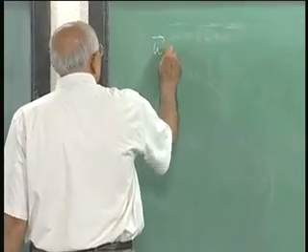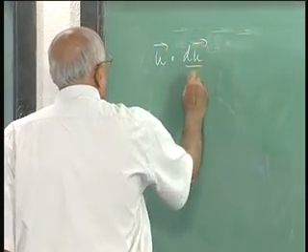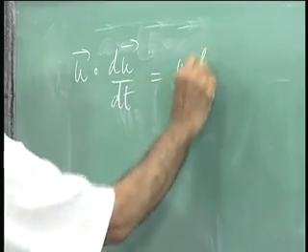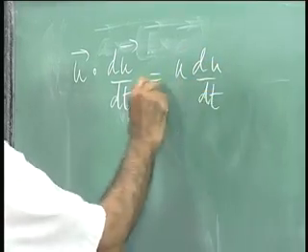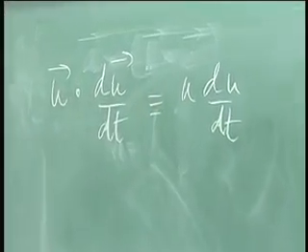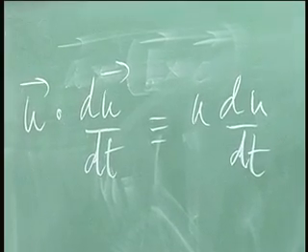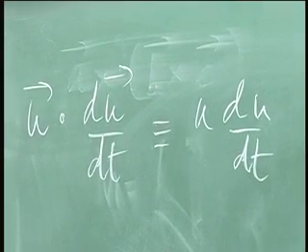So you use this well known vector identity, u dot du over dt is always equal to u du over dt, because you can write each side as half the derivative of either u squared or u dot u.